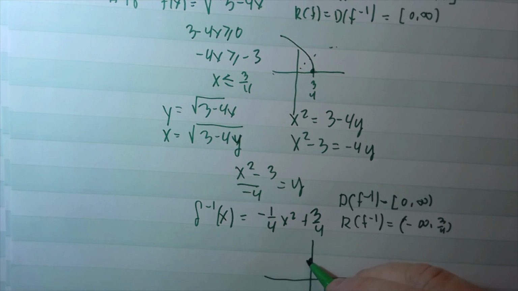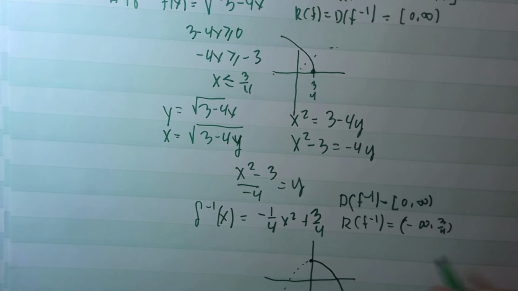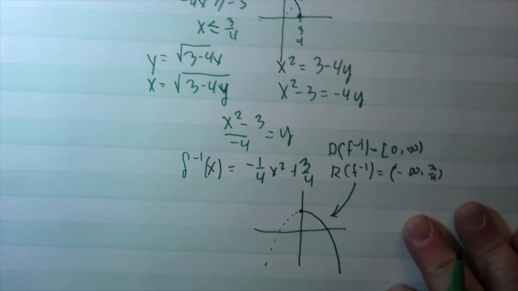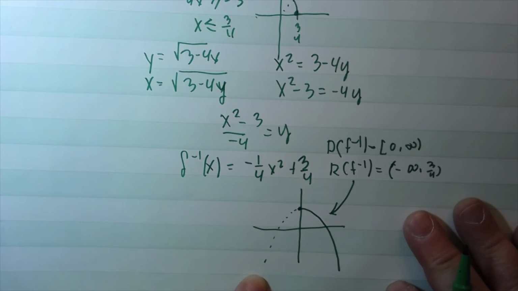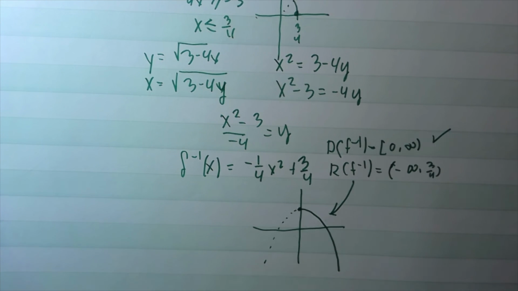So we're getting something like this. We're ignoring that piece, but we're getting just this one. So this is our inverse function. That's the graph of it, like that. Not this half of the parabola, because we've restricted the domain to that.